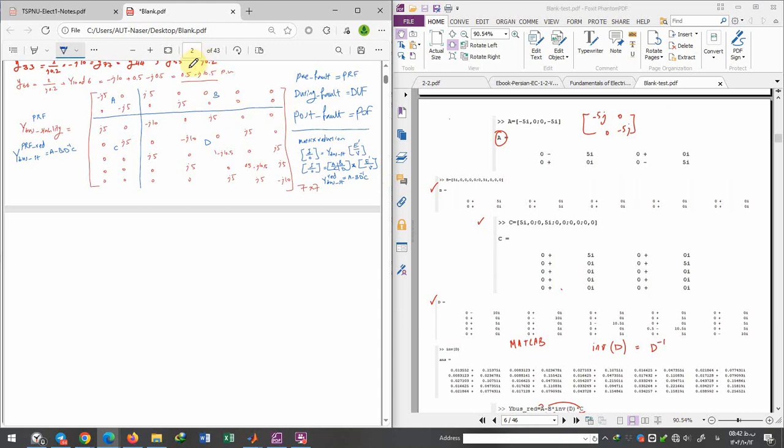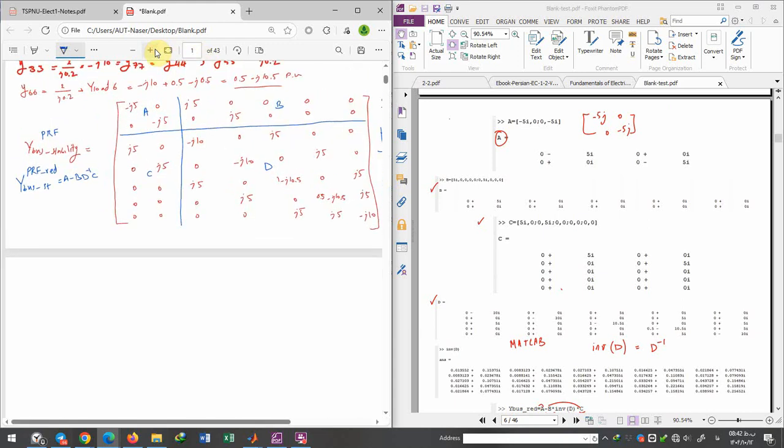Okay, so you can also calculate A minus B the inverse in C with your calculator or in MATLAB.